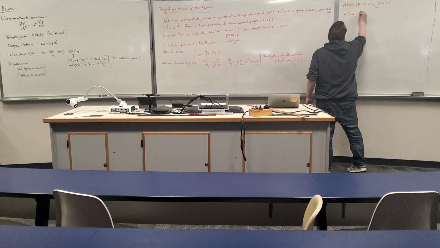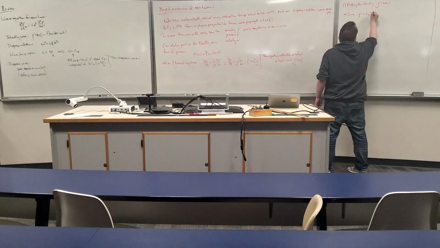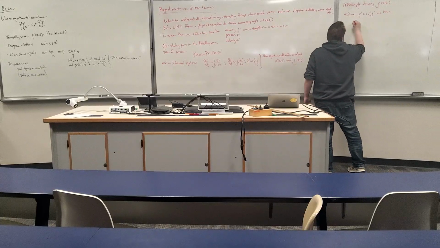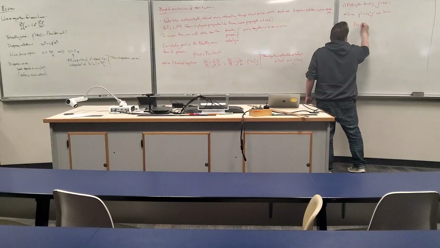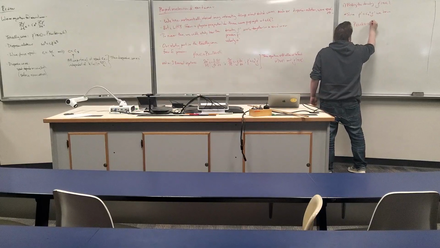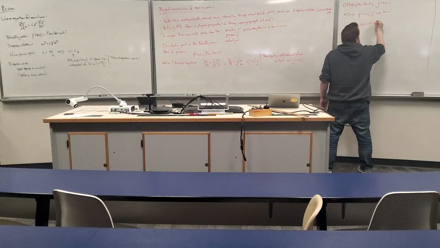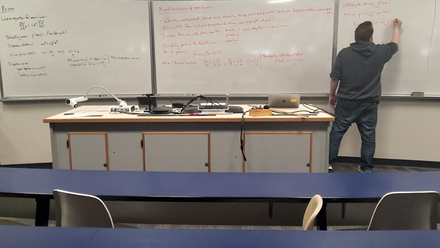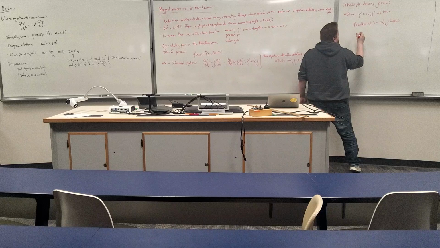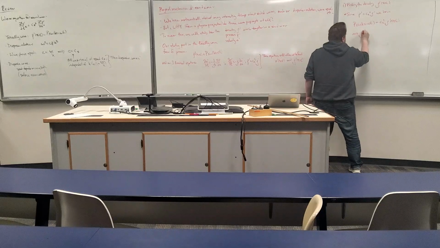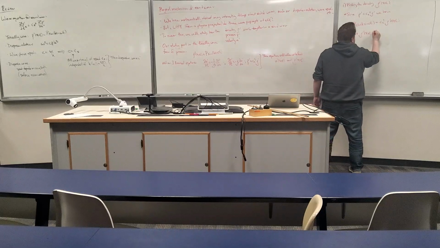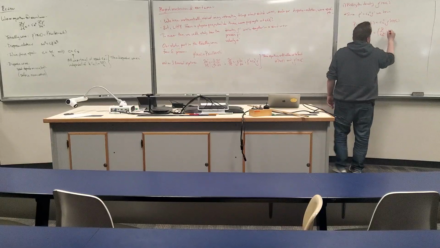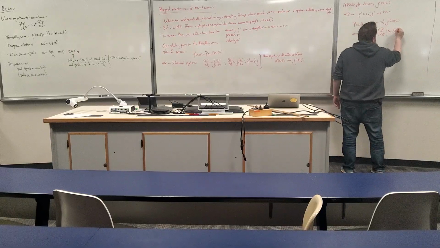Since p prime equals cs squared rho prime, we have P sine kx minus omega t, that's p prime, equals cs squared rho prime of x and t. And so we just divide both sides, and we get rho prime of x and t equals P over cs squared times sine kx minus omega t.